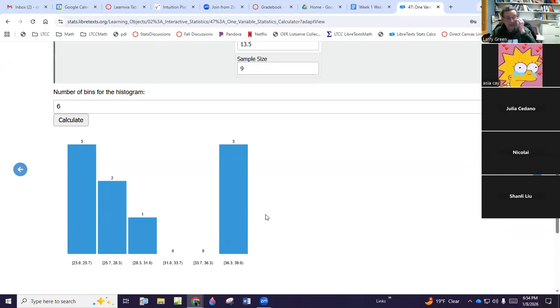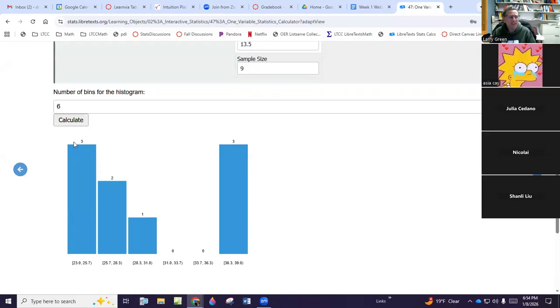What this histogram shows is that there are 3 of you between 23 years old and 25.7 years old. There are 2 of you between 25.7 and 28.3 years old. Do you see how to read the histogram?